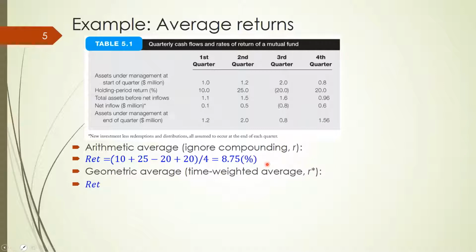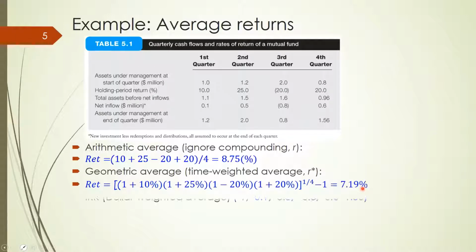The geometric average is the compounded return for the 4 periods, taking the power of 1/4, subtracting 1 to get the net geometric mean return, which is 7.19%.